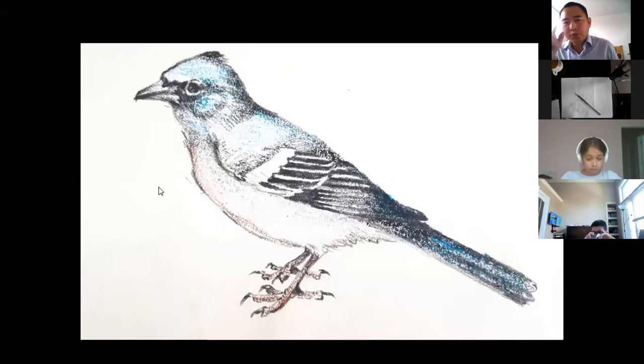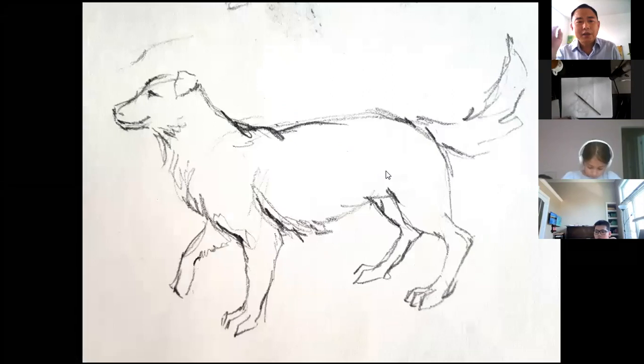Okay, so this is the bird, and how about the animal? In this case, the animal we're talking about is the mammal. Mammal means all the animals that drink milk when they're babies.